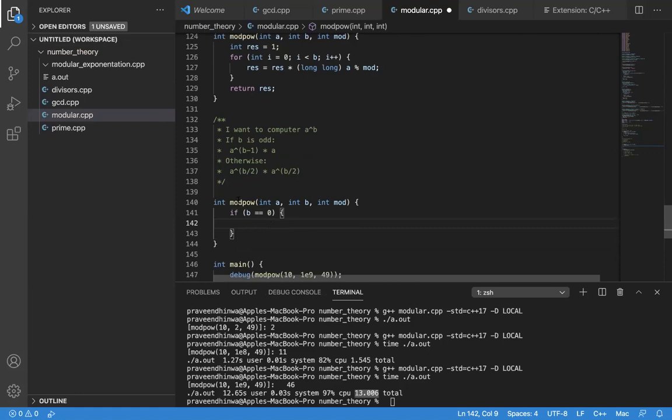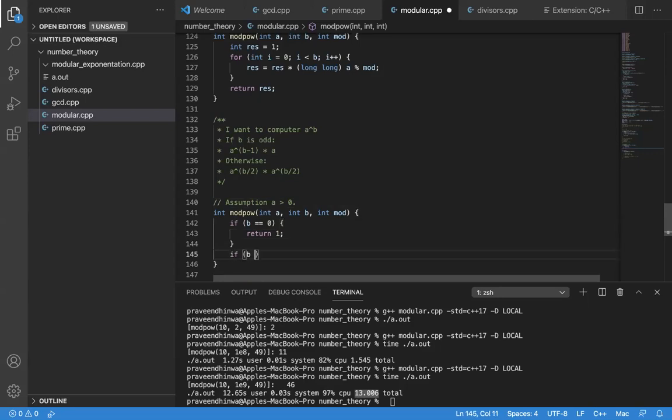But here I am assuming that a is greater than 0. So I am saying return 1. The assumption is a is greater than 0, because if otherwise a was 0, my overall answer is 0. Whatever power you do of 0, the answer is always going to remain 0.